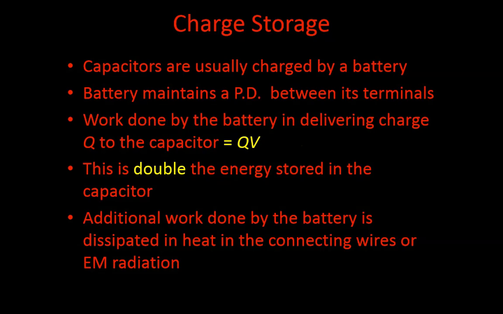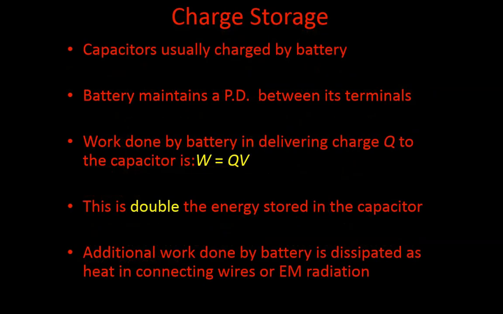Additional work is done by the battery, much more than that, as some energy is lost in the form of heat and resistance in the wires and EM radiation from the battery itself. So batteries are quite inefficient things, and we cannot account for this. This is a bit like trying to account for friction in case of moving a block up a hill.